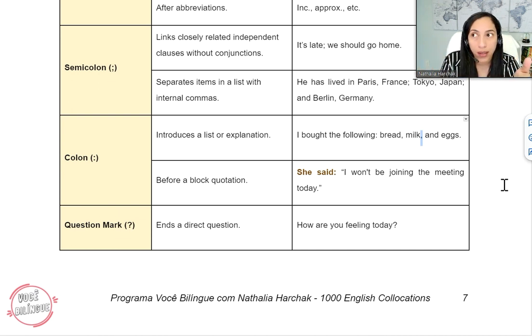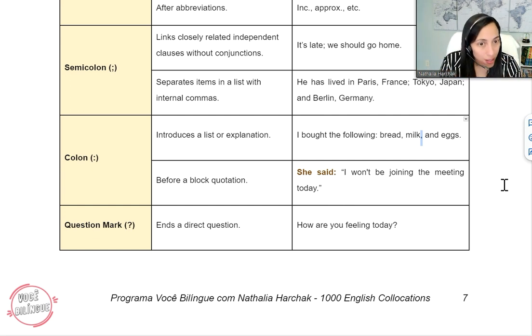So it would be more like this: she said that she wouldn't be joining the meeting today. But we are not going to talk about this right now because it's complicated. I just wanted to let you know that it's totally possible to repeat what somebody said and keep the text in its original form. Actually, this is easier than using reported speech. Reported speech is a very advanced topic, okay?